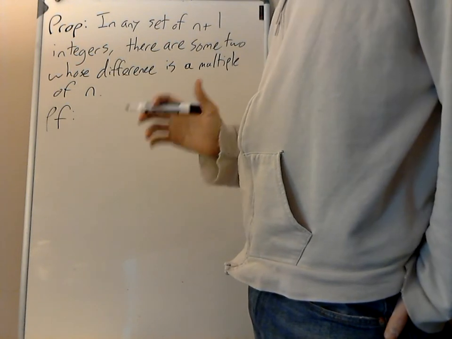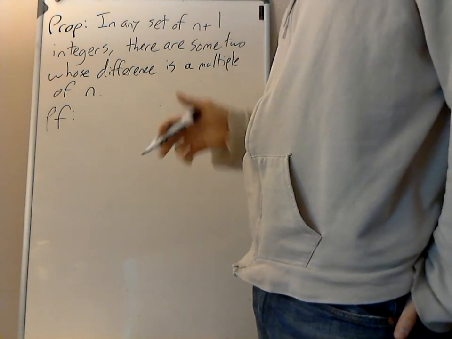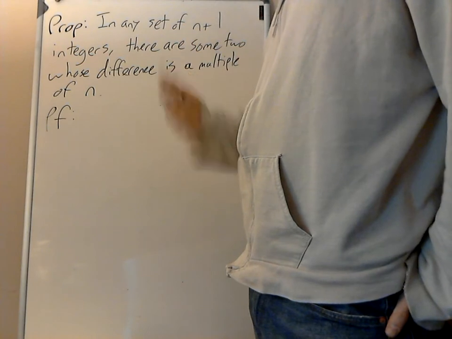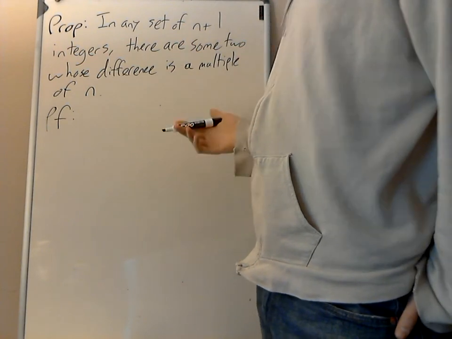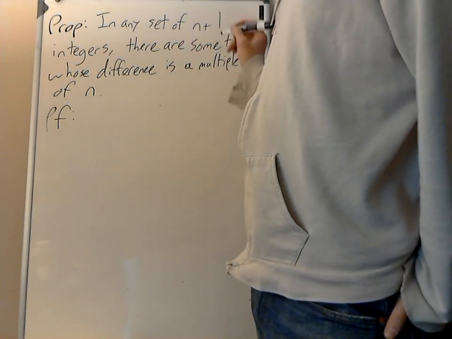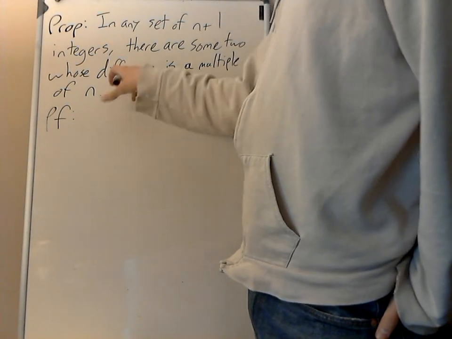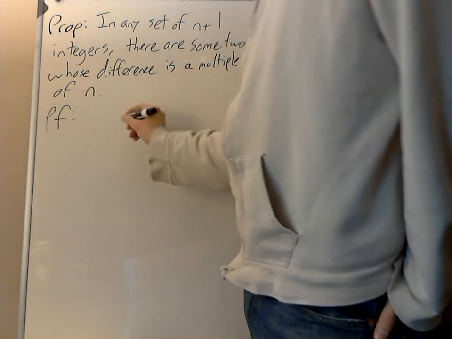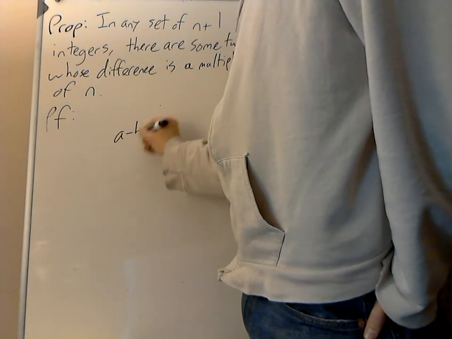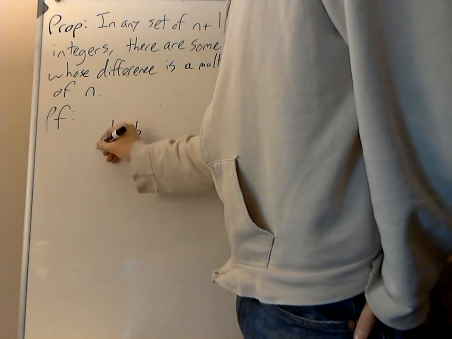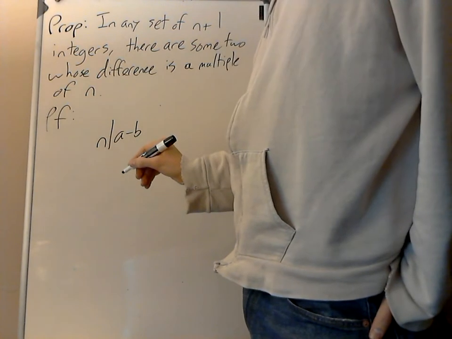Now, in addition, we have to make sure that we choose holes that have a property relevant to the problem. In this case, we want two pigeons fitting into a single hole to mean that their difference is a multiple of n. In other words, a minus b is divisible by n.